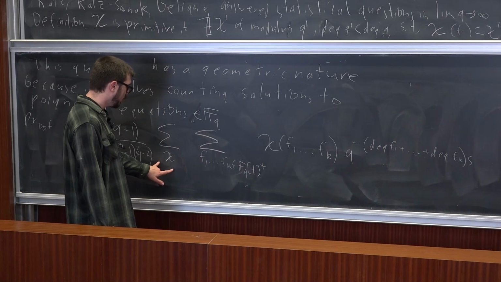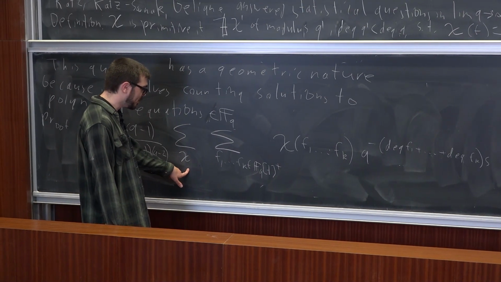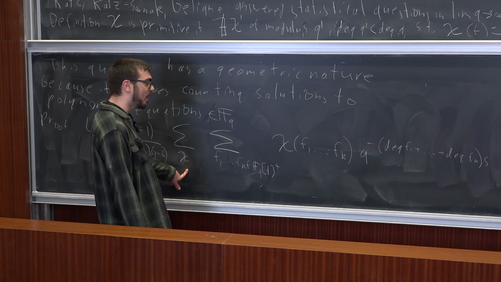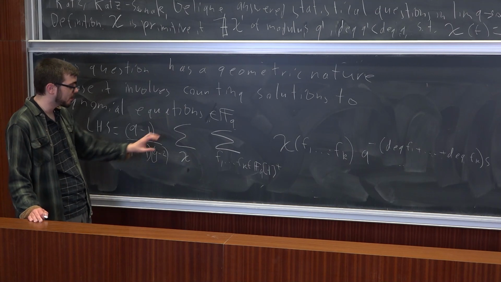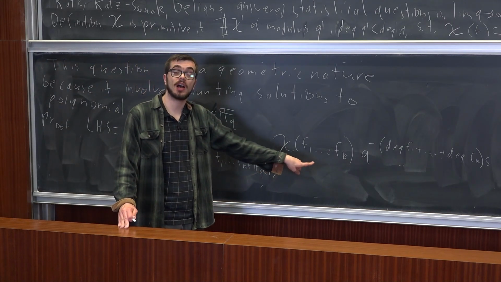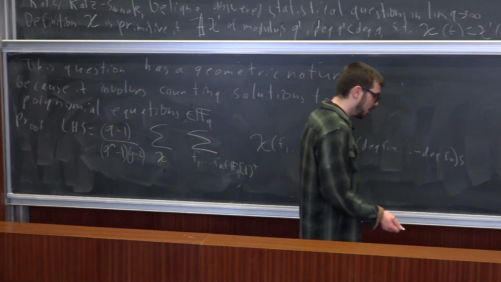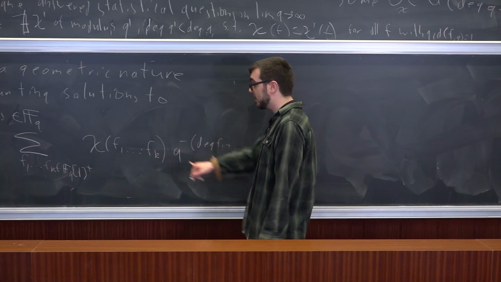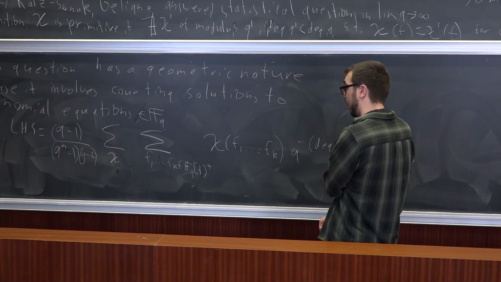And so in number theory, whenever you've got a double sum like this, you want to think about what happens when you switch the order of the two sums. So you have a sum over chi of the evaluation of chi at this product, f_1 through f_k. And that sum we can evaluate using orthogonality of characters.